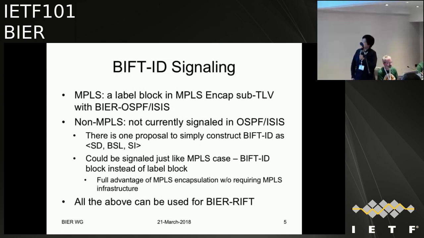So the BIER signaling, like MPLS, label block is used to advertise the BIER information. In non-MPLS, we can use two methods for it. One is we can use a unique combination of sub-domain, bit string length, and set identifier. And another, we can use a function just like the MPLS case. Instead of using the label block, we use BIFT-ID block.